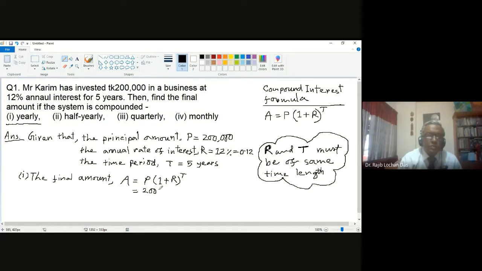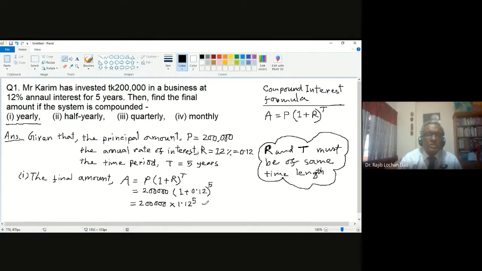So you put this P and then bracket, then 1, then plus 0.12 and close the bracket and to the power 5. So it is 1.12 to the power 5. So it is 2 lakh and 1.12 to the power 5.